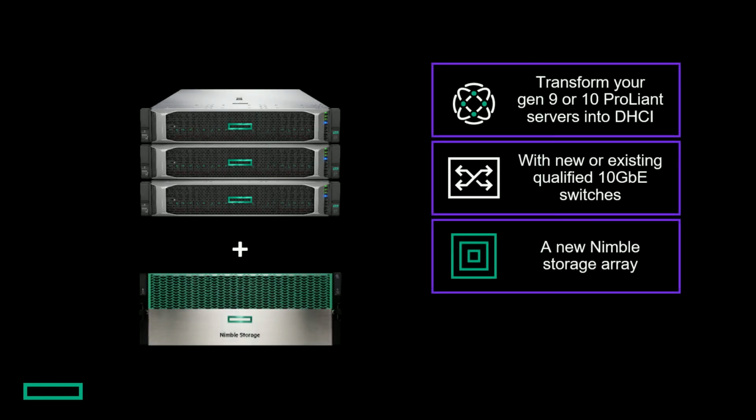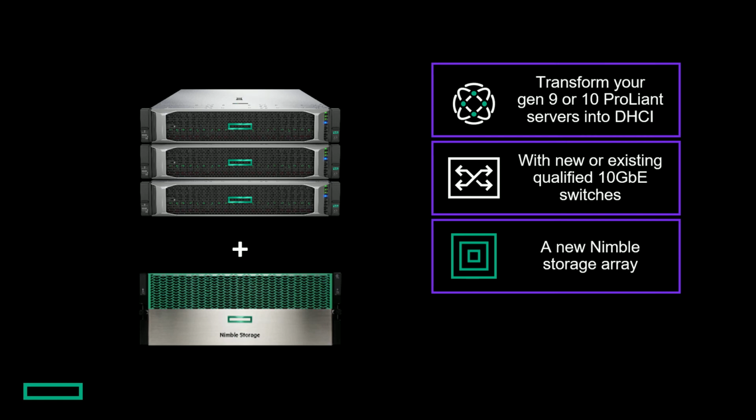You also have the unique opportunity to help existing HPE ProLiant server customers with a seamless upgrade to HCI 2.0 with Nimble. ProLiant Gen 9 or Gen 10 server customers can use their existing switches and add a new Nimble storage array to transform their virtual machine management experience.